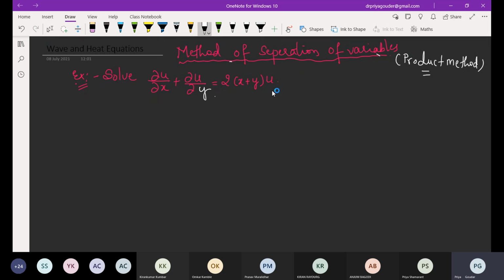U. So the expected answer is you should get the relation between the variables, correct? That is, the dependent variable as a function of independent variables. What are the independent variables here? X and Y.